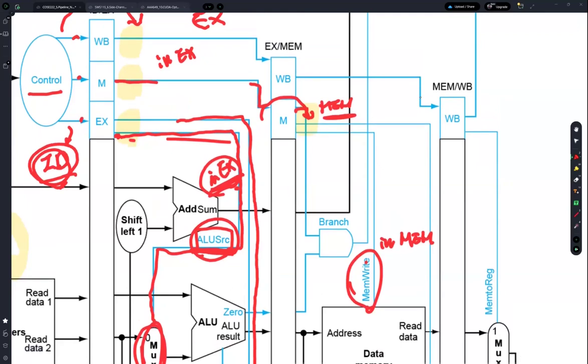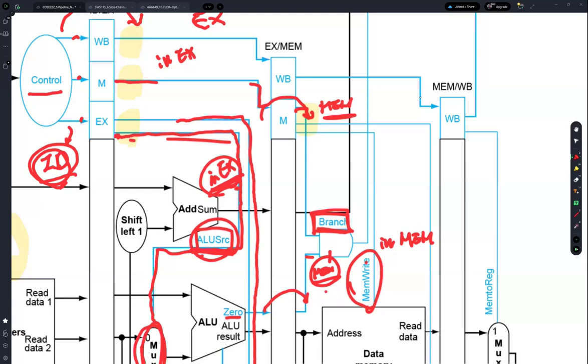Also, the branch instruction uses the result of the ALU, right? You can find the zero here, and the zero is also propagated to the memory stage. Then this zero signal is ANDed with the branch. So this AND gate is in the memory stage, which means the branch control signal is also used in the memory stage.